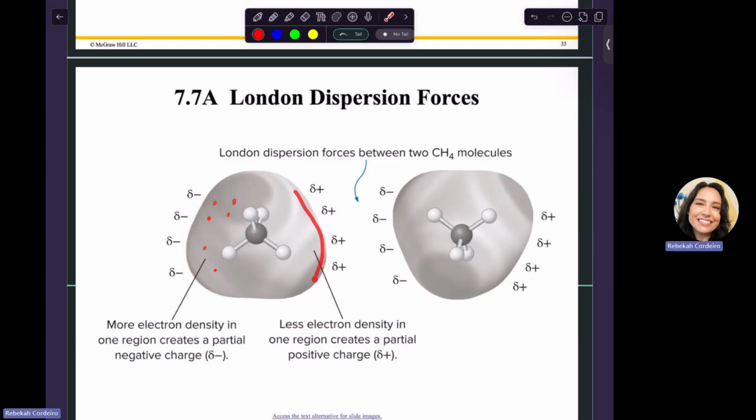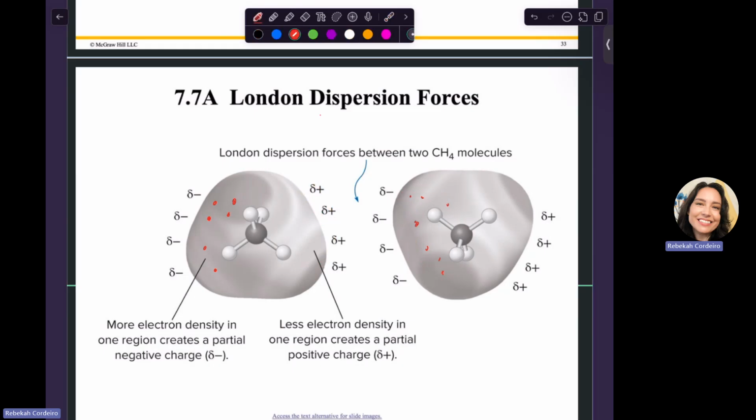This positivity here will attract all the electrons over on this molecule to kind of join up on this side. And so the electrons are kind of randomly, constantly moving around the molecule. So they're floating around in these orbitals, like around the molecule. And so they will kind of come over here because they're attracted to this side.